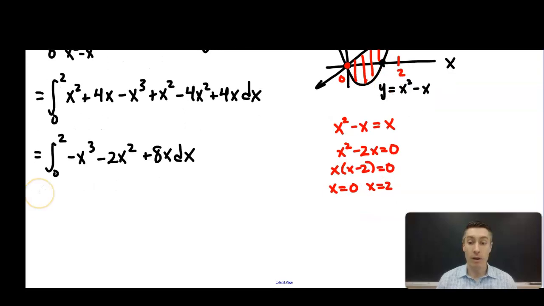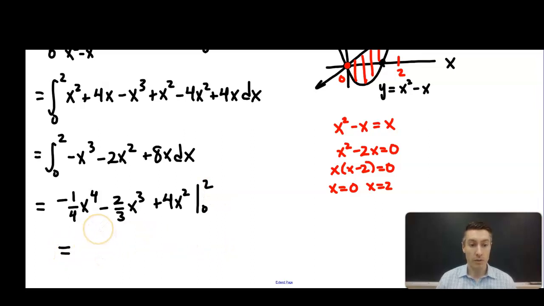And now we're going to integrate that with respect to x. So that's going to give us negative 1/4 x to the fourth minus 2/3 x cubed plus 4x squared evaluated from 0 to 2.